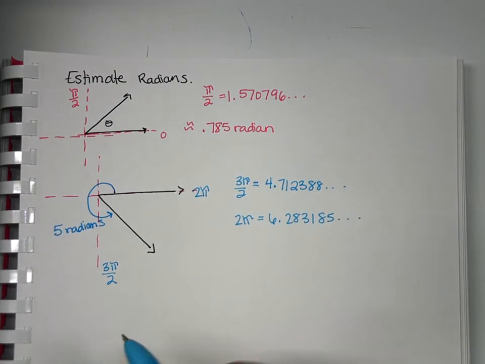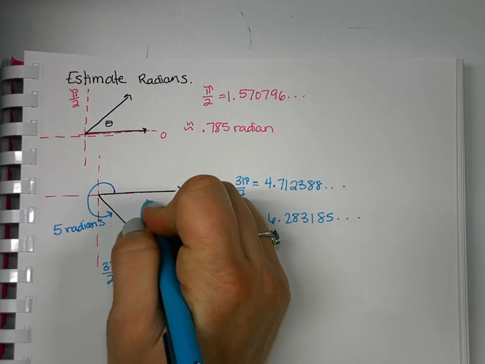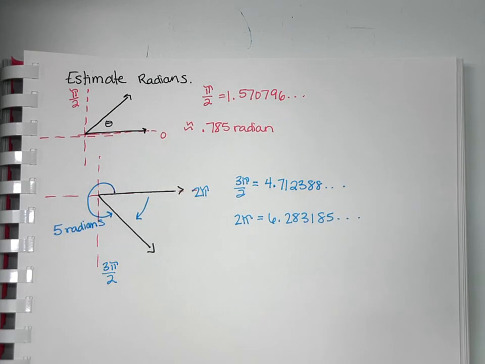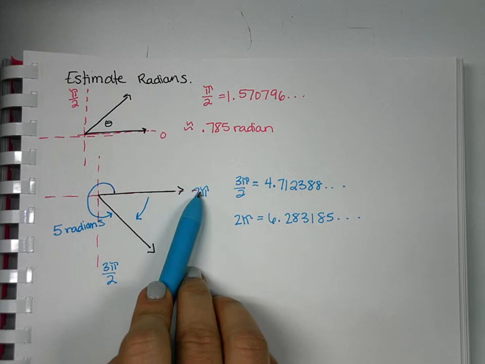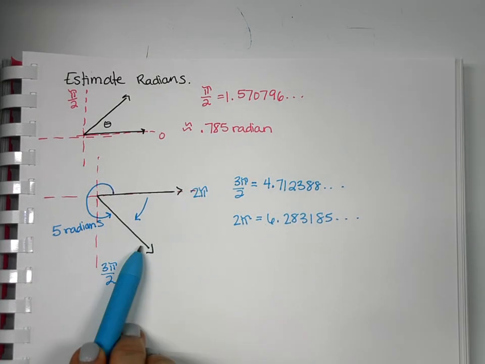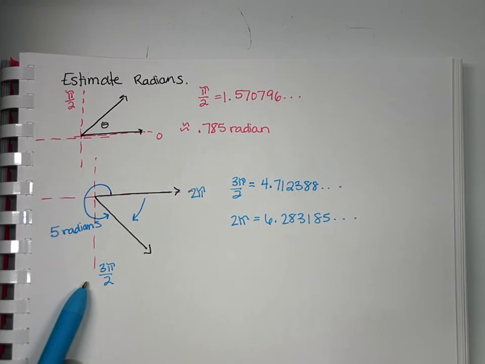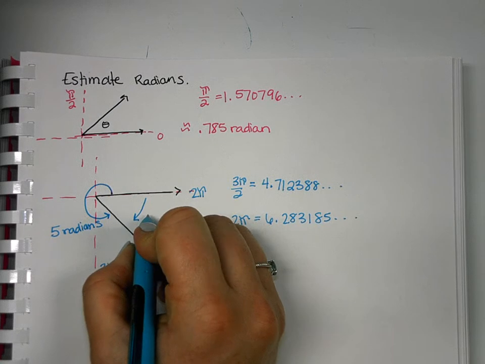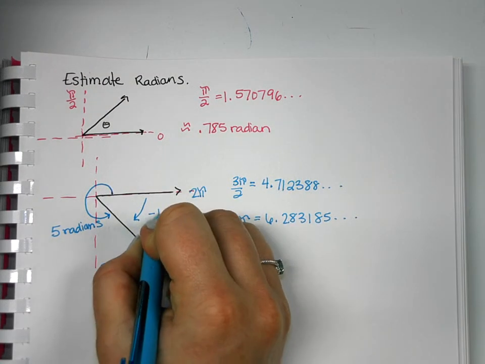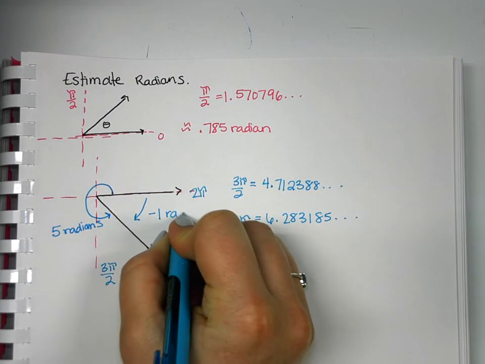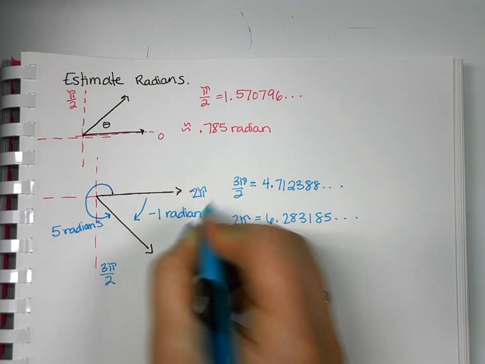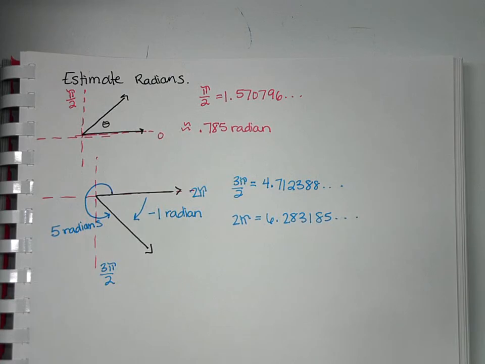If you wanted to, you could even have gone the other direction and said, if we start here and go downward, we'd be between 0 and negative 1.57 blah blah blah. I could say this is at about -1 radian. Either answer would work. It just depends on your direction that you go.